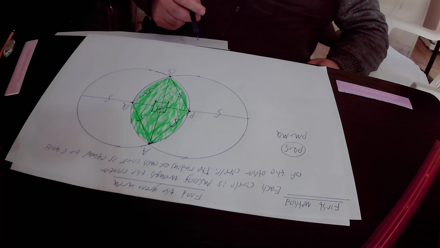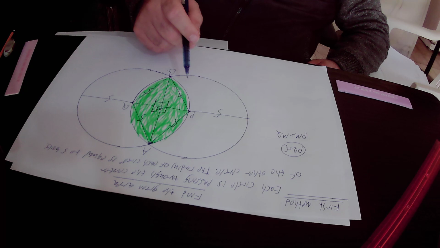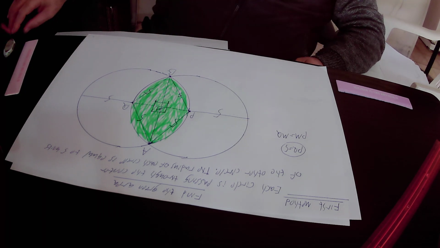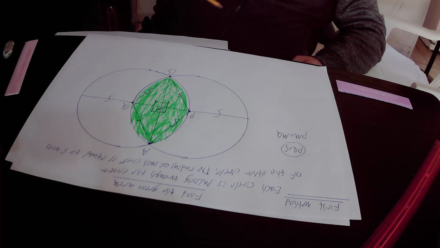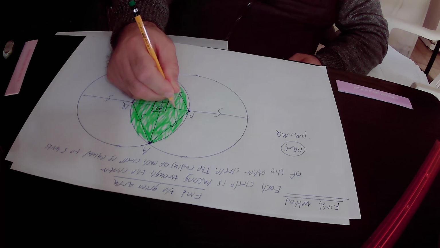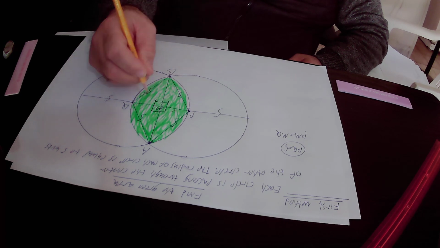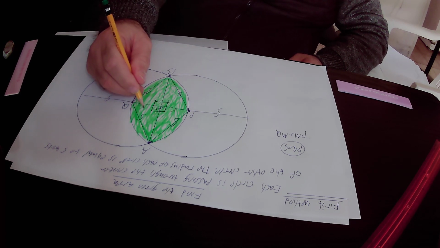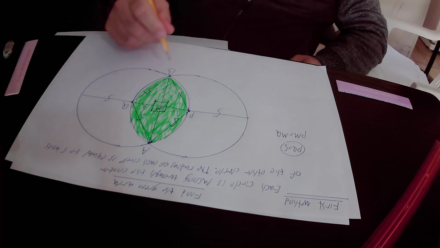And again, PM equals MQ. So if PM equals x, then MQ will also equal x because PM equals MQ.